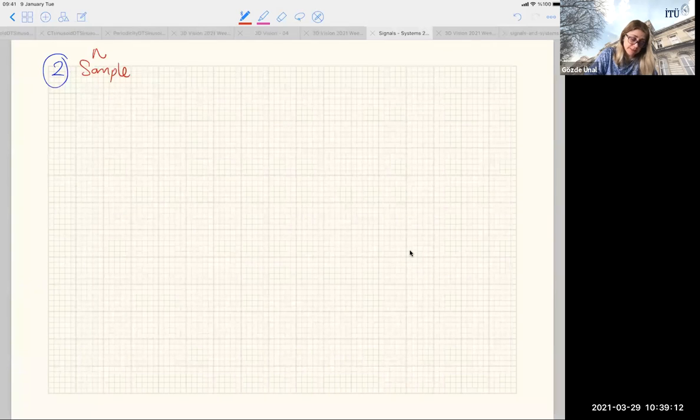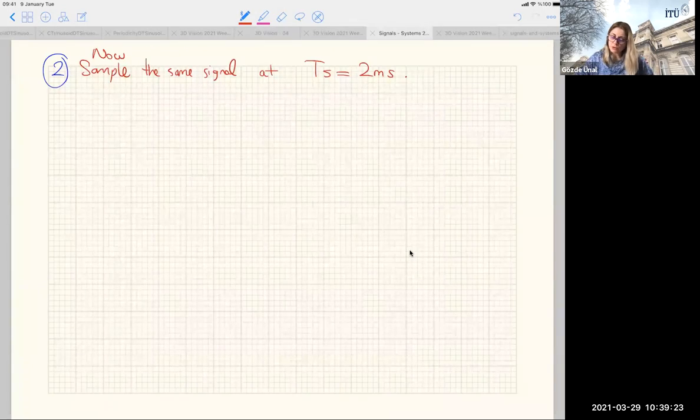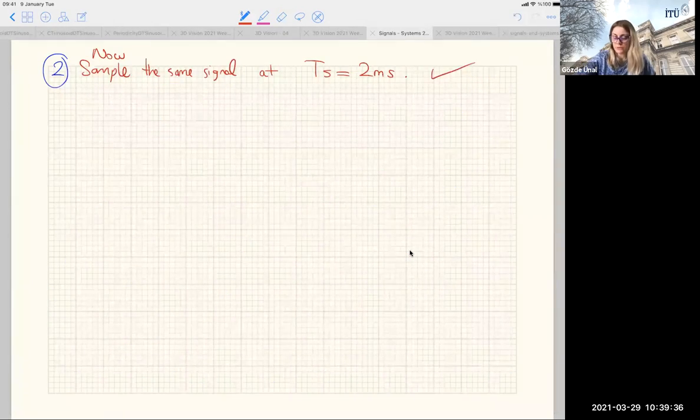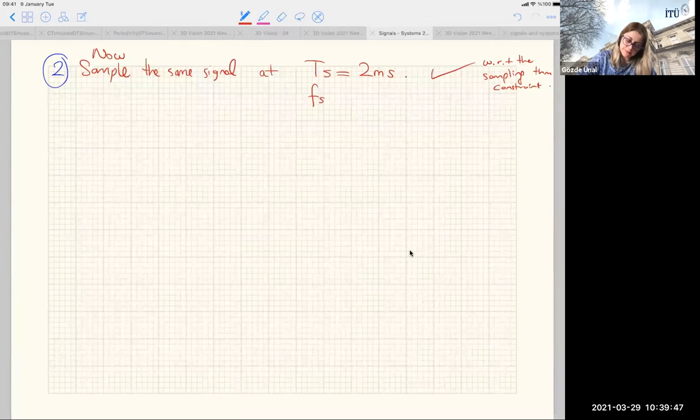Now sample the same signal with, let's say, TS is 2 milliseconds. Remember our constraint: for proper sampling, we need TS less than 5 milliseconds. This was 0.5 here. Now it's 2 milliseconds, which is fine with respect to the sampling theorem. So the sampling frequency is 1 over TS, so 500 Hertz.